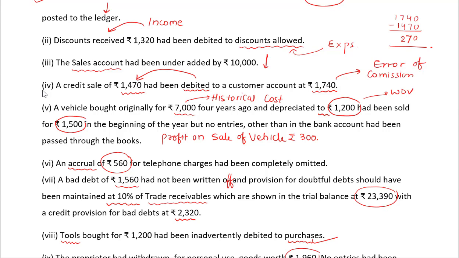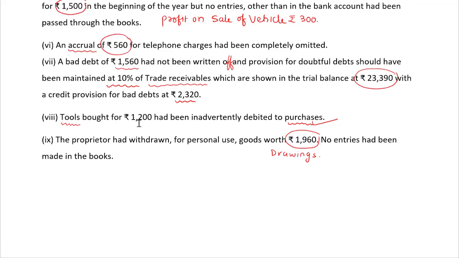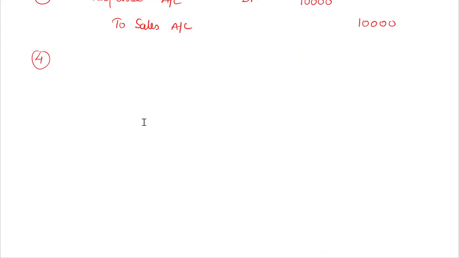So what we need to do over here is we need to again credit the customer by 270. So let us shift to point number 4. To customer account 270. In the debit, we will write 270. Suspense account debited 270.